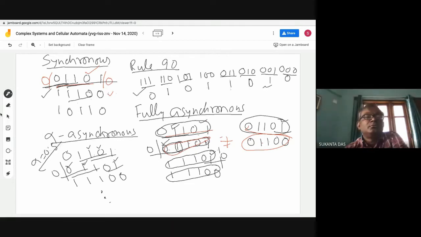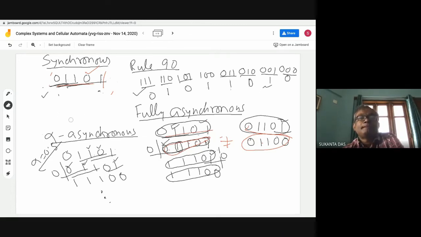So here, for the synchronous case, if it is periodic boundary condition, it will not be like this one. So now I am considering periodic boundary condition. Periodic boundary condition means it forms a period, spatially it's periodic.